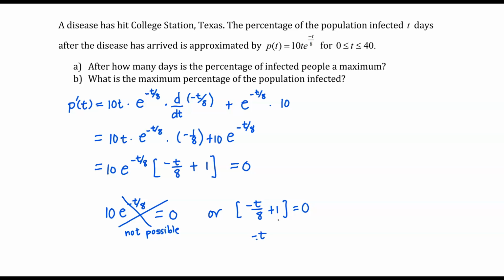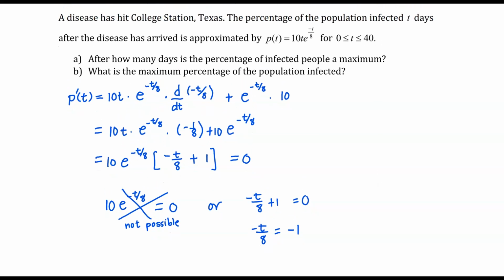You can solve for t here by first transposing 1 to the other side of the equation. So you have negative t over 8 equal to negative 1. And then you only want t, so you multiply both sides by negative 8. So that 8 cancels out, and negative times negative becomes positive.